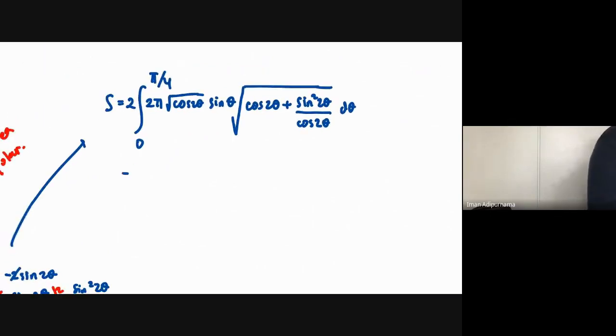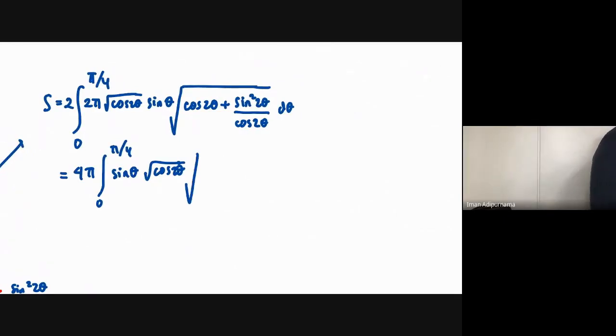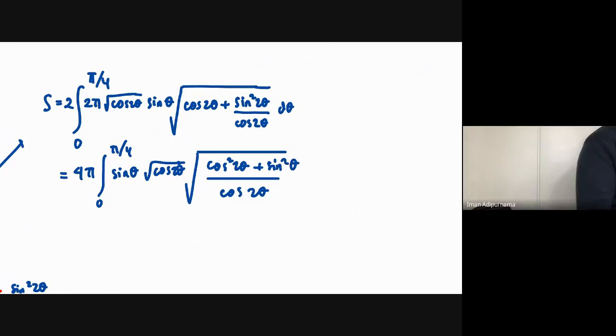And then simplify this. So this is cos 2 theta, this is 1 over cos squared 2 theta plus sine squared 2 theta.